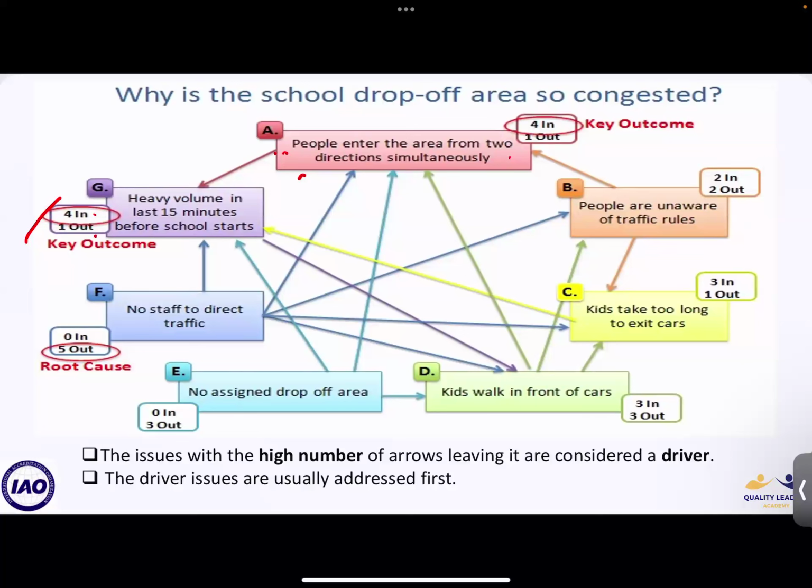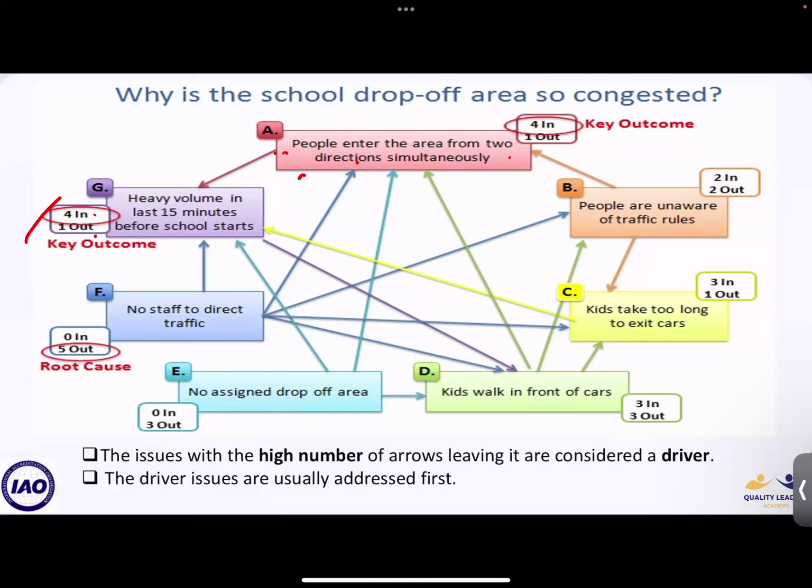So where this arrow is going. Again, if a problem has four in and one out, heavy volume in the last 15 minutes before school starts, it means this problem was caused by four other problems. Which are people enter the area from two directions simultaneously.